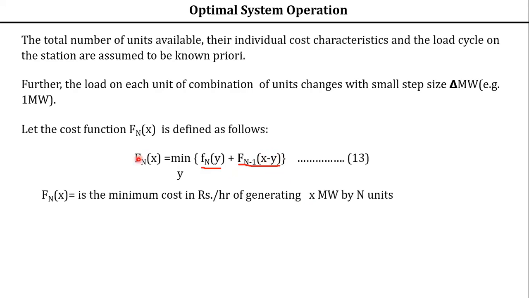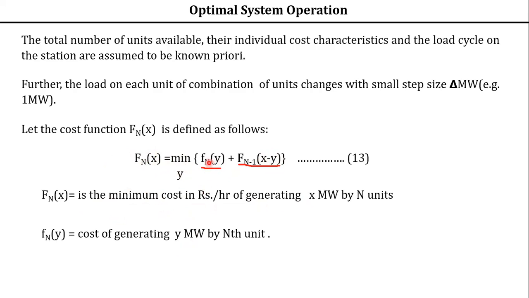Understood? So I will give it here for clear understanding. You see here, Fn x is the minimum cost. That's why I represented minimum here. Capital Fn x is the minimum cost in rupees per hour of generating x megawatt by n units. Okay. Now what is small fn y? It is not the minimum cost.